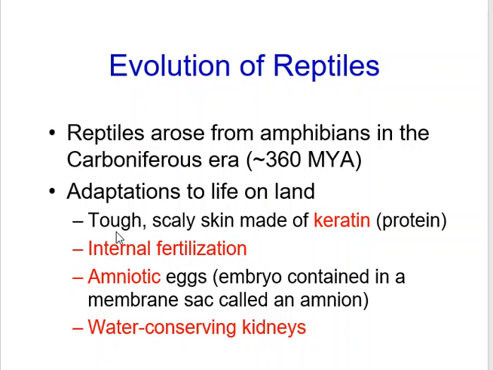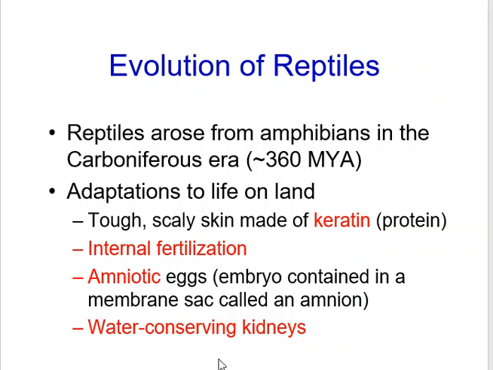Internal fertilization is another very important feature. Of course, if I don't live in a body of water where I can release my gametes, internal fertilization is a must. So internal fertilization guarantees the perpetuation of the species, and a shelled amniotic egg guarantees that the embryo can develop now away from water.